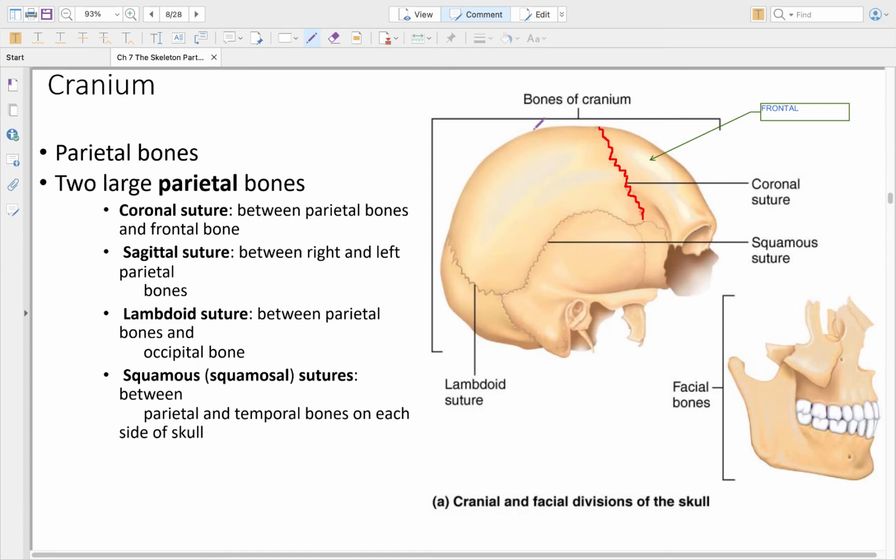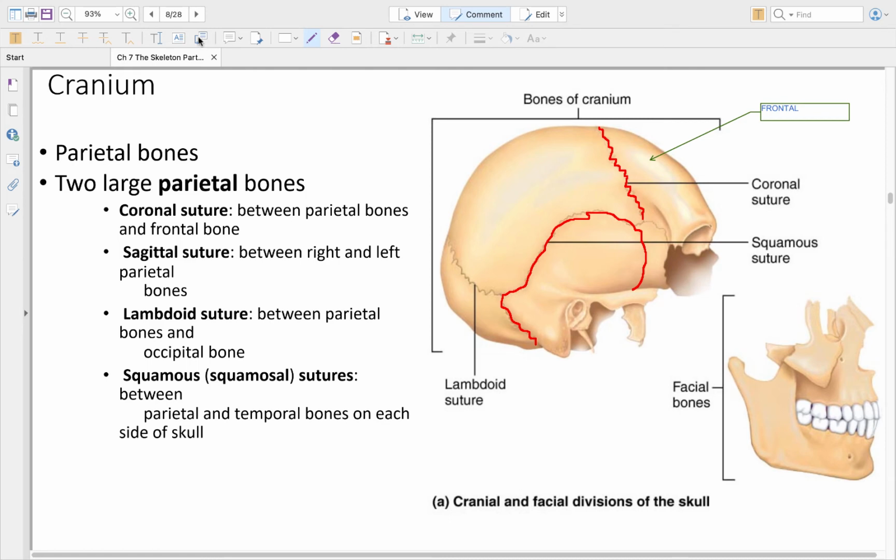Now, also in this picture, we can see more. We can see this suture right here. Follow it all the way around. It's going to connect the temporal bone.